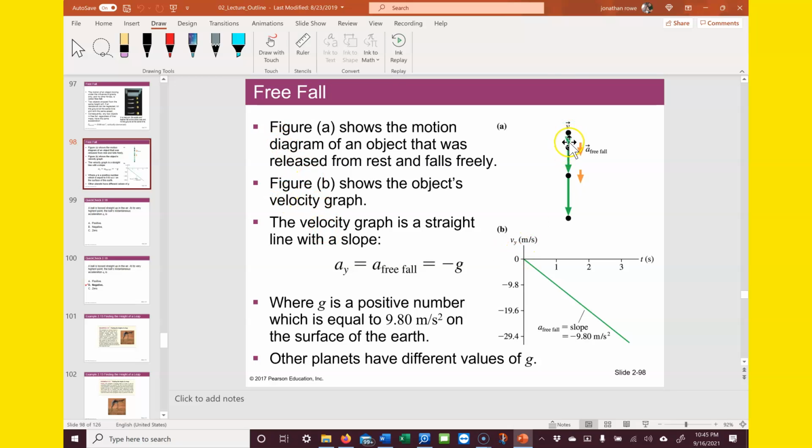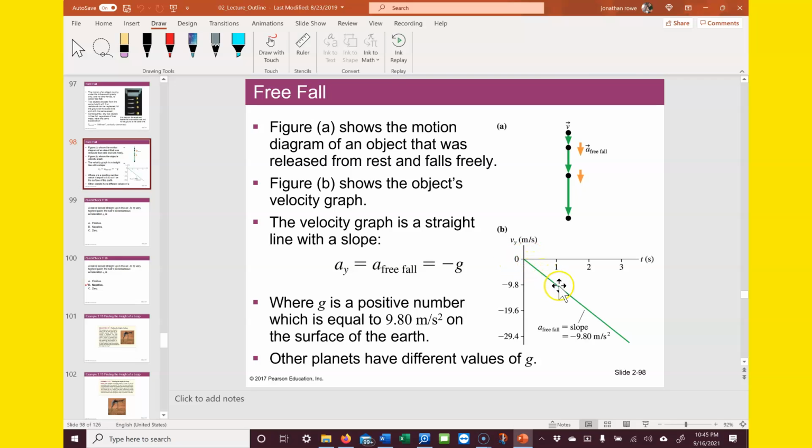So here's a motion diagram of an object that is falling straight down. What is happening to the velocity? The velocity vector points downward, and it is longer as time goes on. It's gaining more and more negative velocity as time passes. So this would be a good example of a velocity graph of an object that is just dropped, just released.